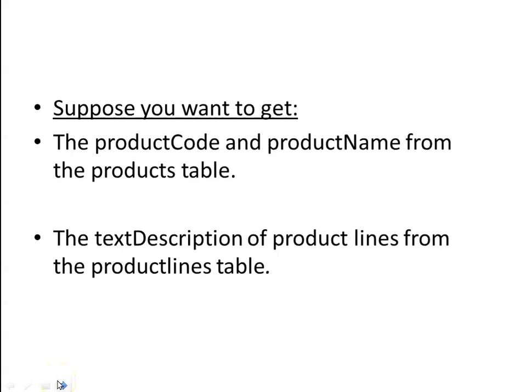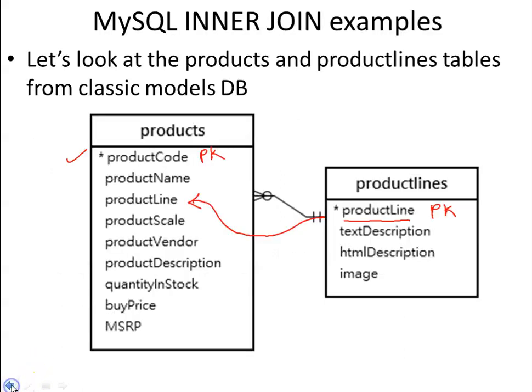Now, suppose you want to get the product code and the product name from the products table, whereas the description from the product lines table. When we have a look at this particular table, we see that in the products table, information about the products is given in detail, like the product code, the name of the product, which product line it is, product scale, product vendor, details about this particular product, quantity in stock, the buy price and the maximum retail price.